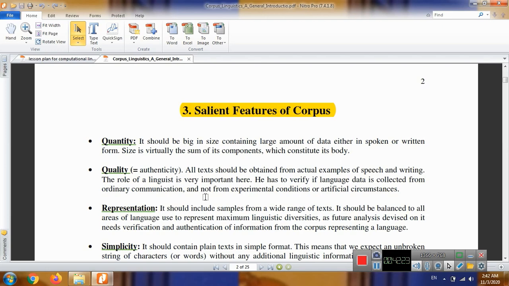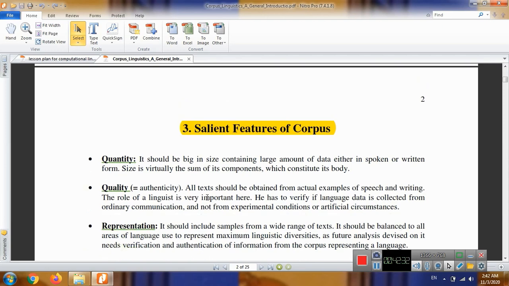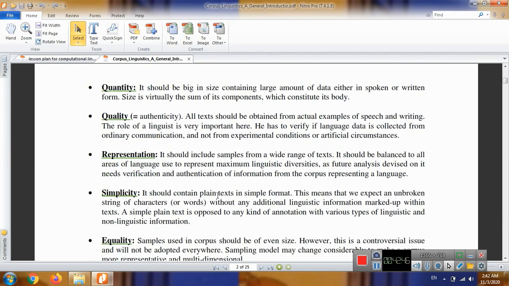Another feature is quality. All text should be obtained from actual examples of speech and writing. The role of a linguist is very important. He has to verify that language data is collected from ordinary communication and not from experimental conditions or artificial circumstances. Another feature is representation. It should include samples from a wide range of text.